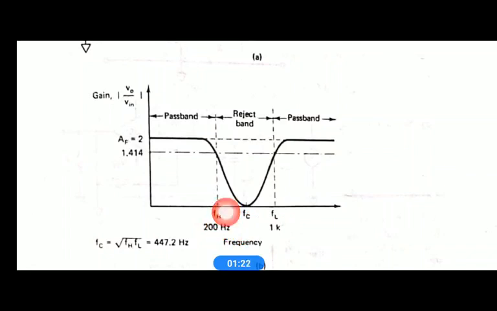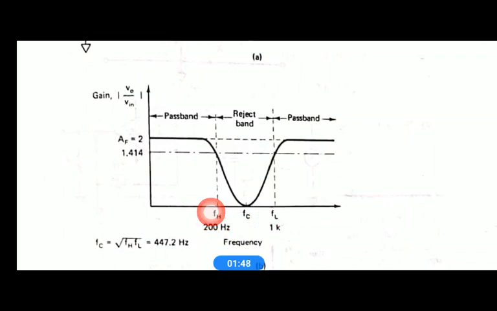So here one thing you observe is that usually here we have FL greater than FH, right? Whereas in the band pass filter, in a previous session we discussed FH is greater than FL, meaning the cutoff frequency for high pass is greater than the cutoff frequency for low pass.